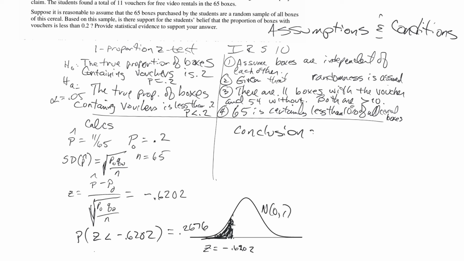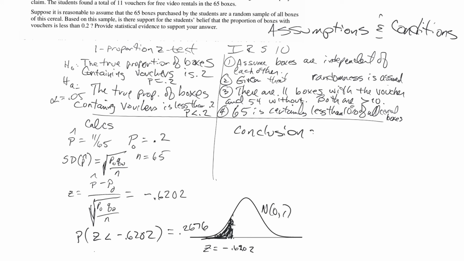I often forget to write alpha at first and then write it at the end when I make my conclusion, because part of your conclusion is comparing to your alpha value. Because our p-value is greater than alpha, 0.2676 is greater than 0.05, we will fail to reject the null hypothesis and find insufficient evidence to suggest that the true proportion of boxes containing vouchers is less than 0.2.